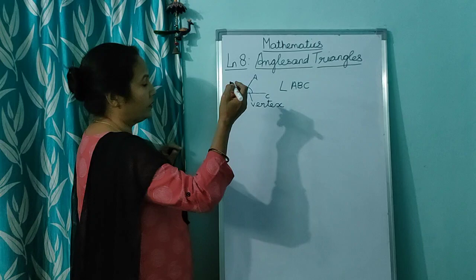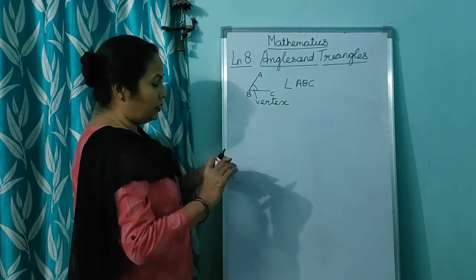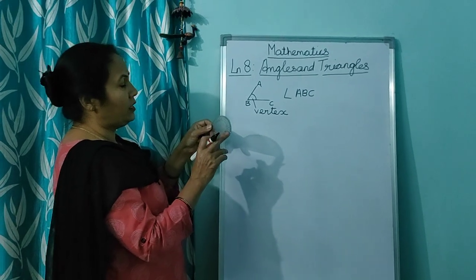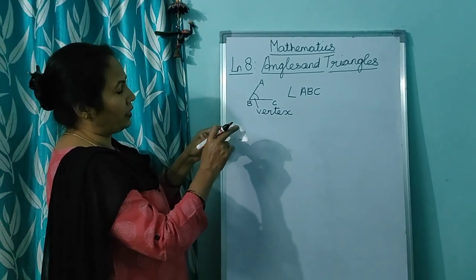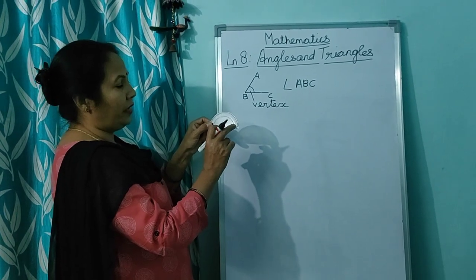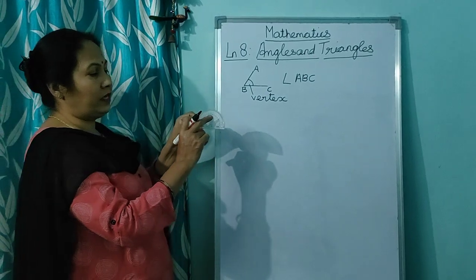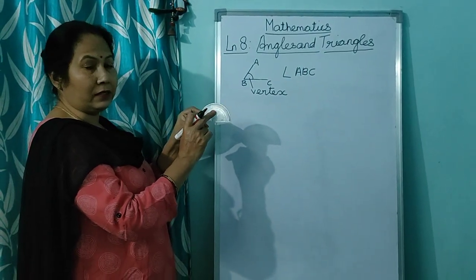Now children, after this, the next thing is that you will see how many types of angles are there. Now in your protractor, when you read from the right side to the left side, you read 0, 10, 20, 30, 40, 50, 60, 70, 80, 90 in the center.